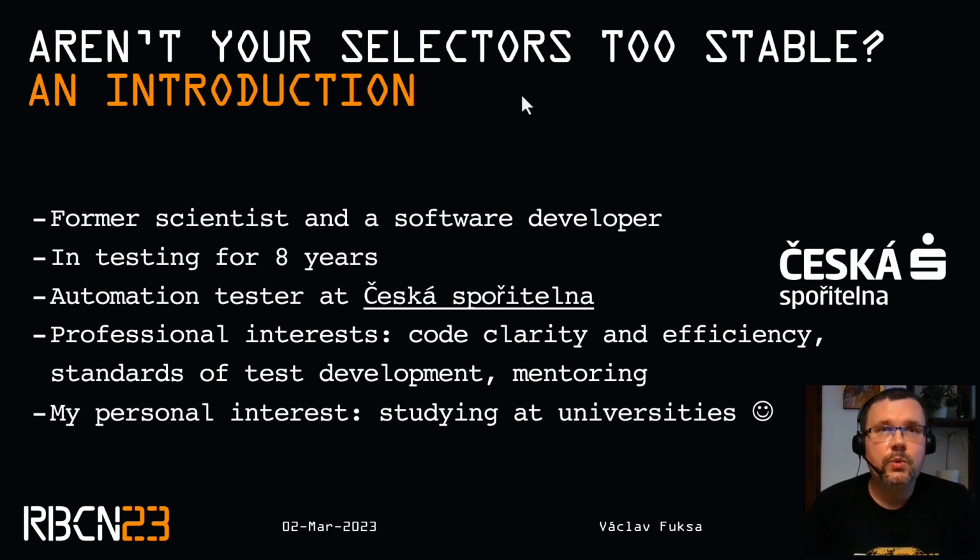I like to promote good practices by creating internal standards of test development and of almost everything else. I also mentor my junior colleagues and senior colleagues, and sometimes even my bosses. In my free time, I enjoy studying at universities, regardless of the subject of the study. Currently I'm doing religious studies.